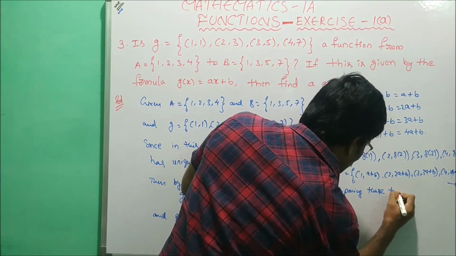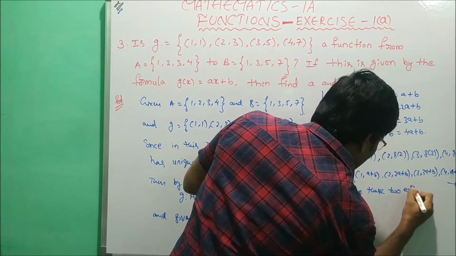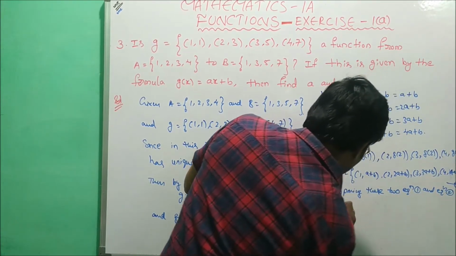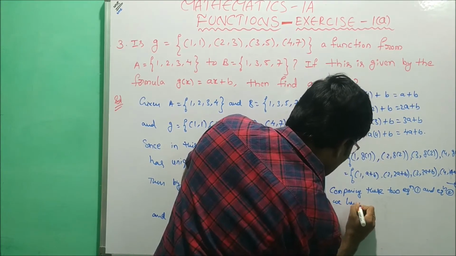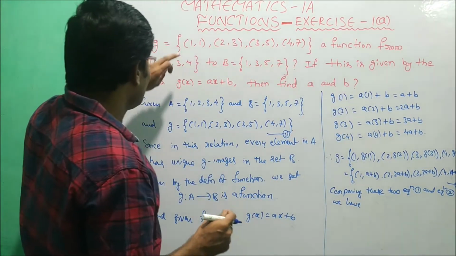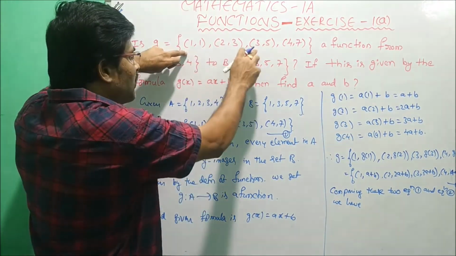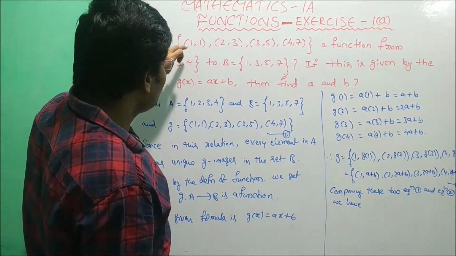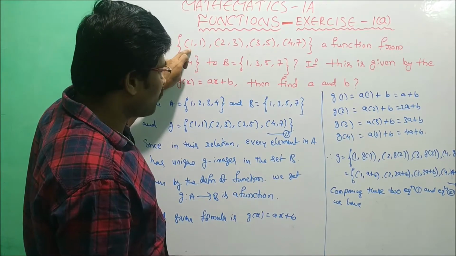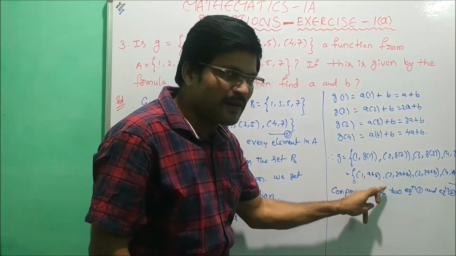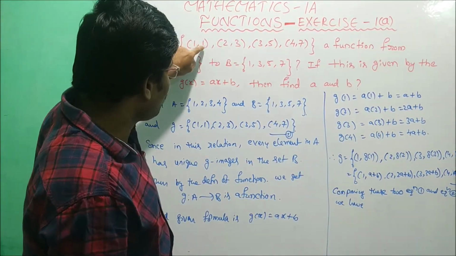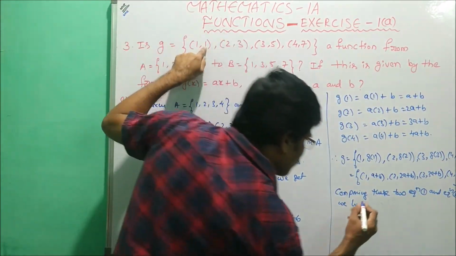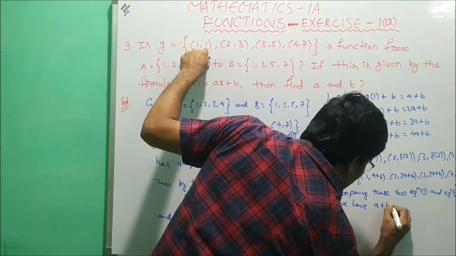We observe that in this set these are ordered pairs, and in the other set these are also ordered pairs. Now the first ordered pair (1, 1) equals (1, a plus b). Comparing the second components, a plus b equals 1. So a plus b equals 1.